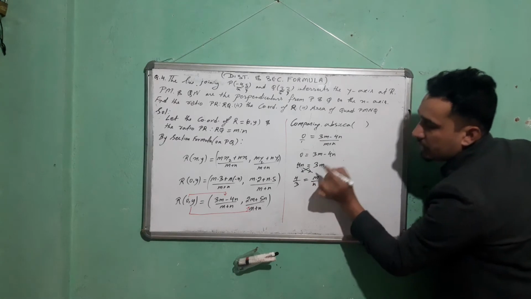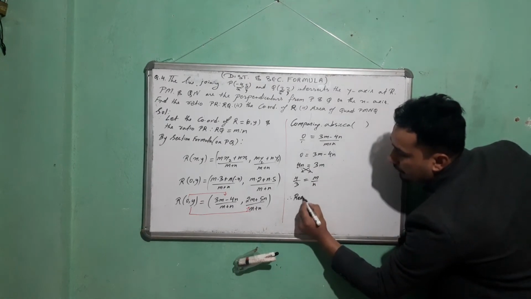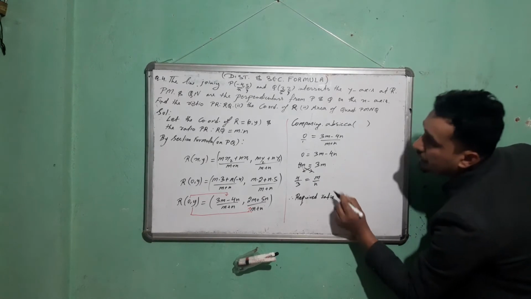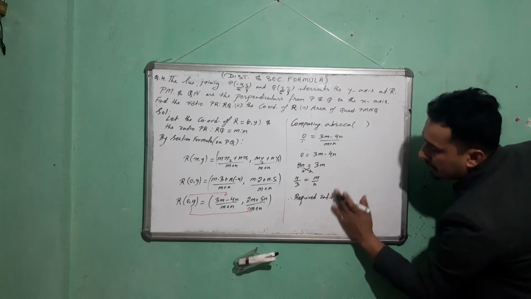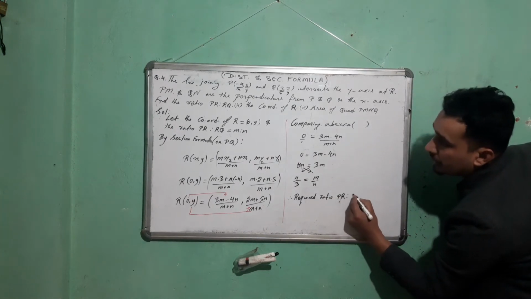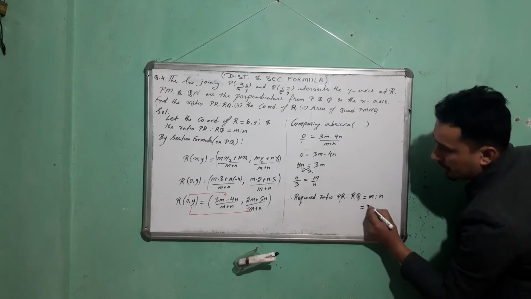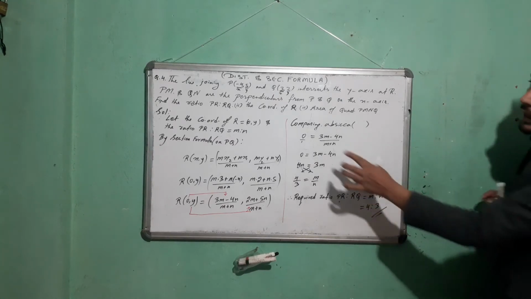Therefore the required ratio PR is to RQ is equals to m is to n is equals to 4 is to 3. This is the answer for number 1.